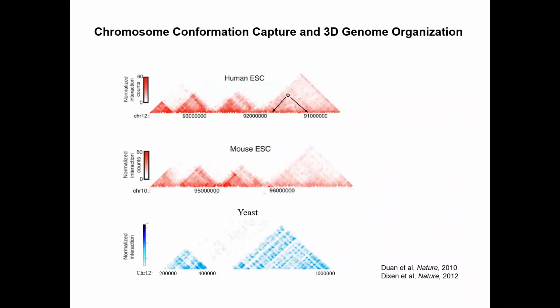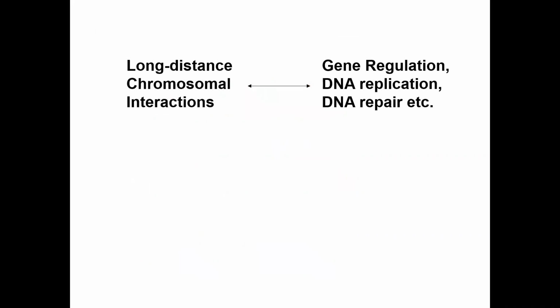But keep in mind that what this is measuring is physical proximity, right? It doesn't really tell you anything about the function. So if you want to understand how these long distance chromosomal interactions actually function in all these nuclear processes, we actually need a method that can disrupt these interactions, so we can look at the downstream process, how these change.